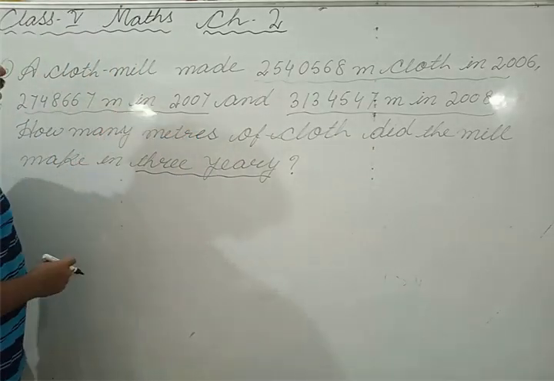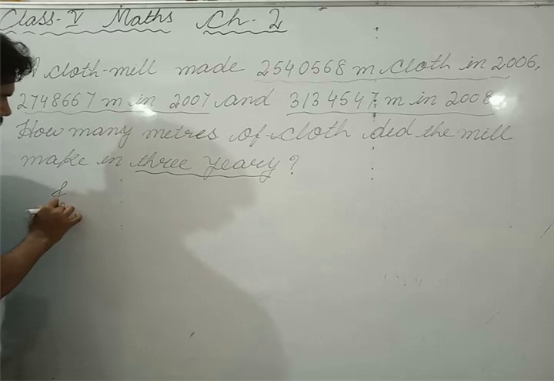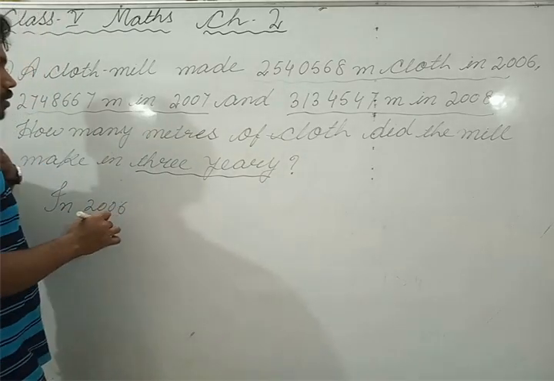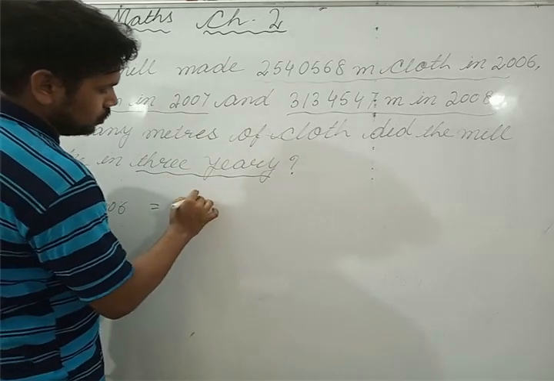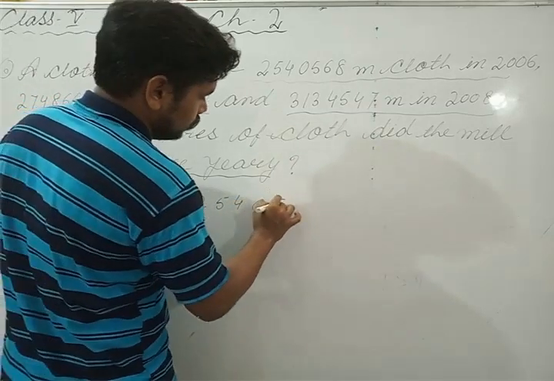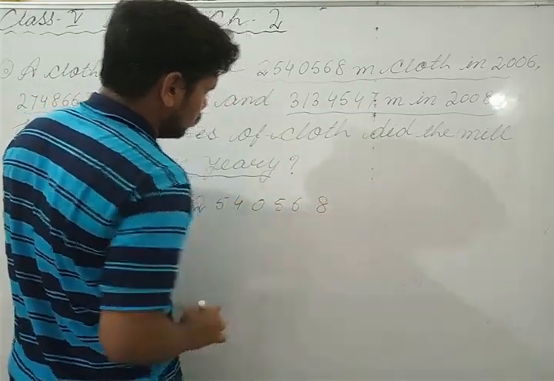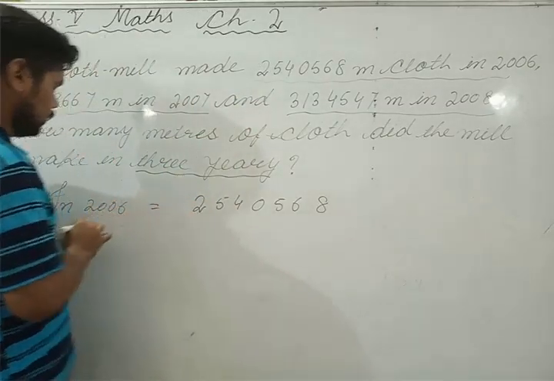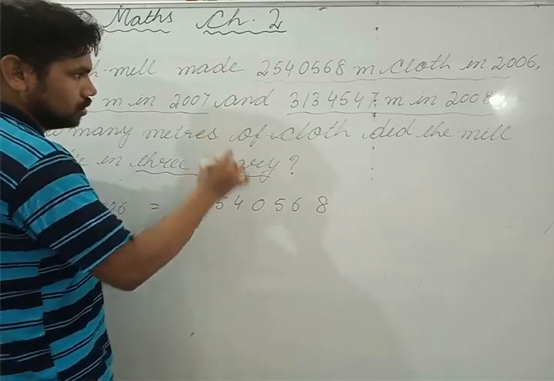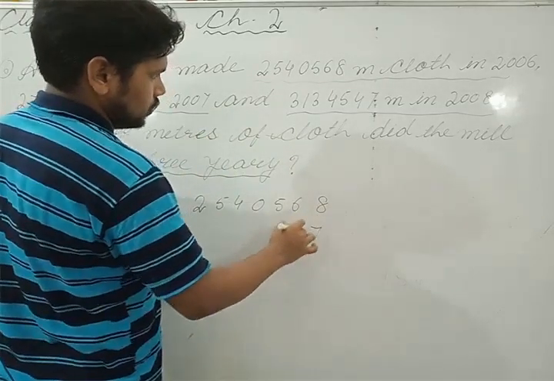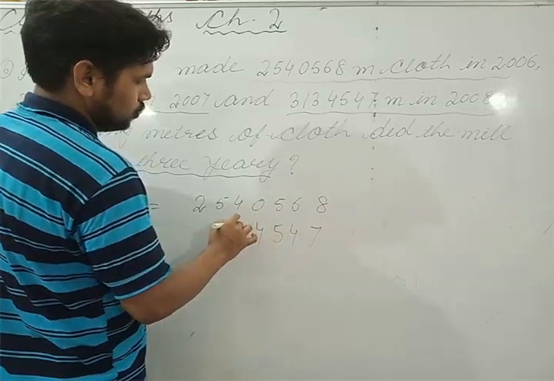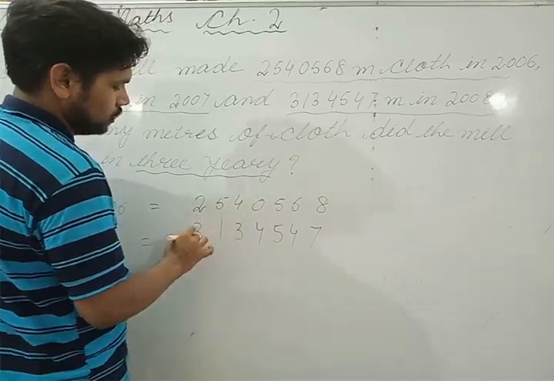So first in 2006, production is equal to, okay, how much? 2 5 4 0 5 6 8. In 2007, how much? Let's start writing from 1 to 7 4 5 4 3 1 3.